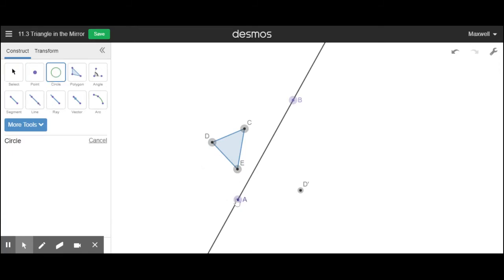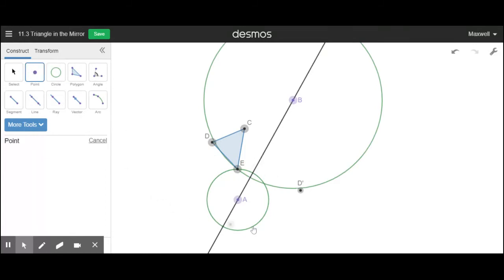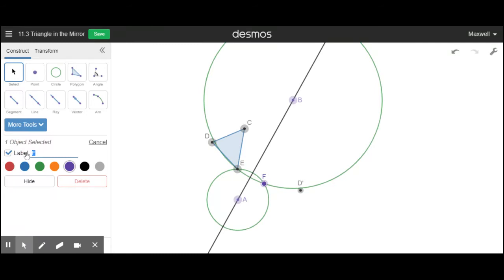So now we're going to make a circle centered at A and include point E. And then we're going to have another circle at point B, and that one is also hitting point E. Obviously it intersects at E, we got that already, and now we also have it intersecting right here. And so we can call that point E prime, now that we know that that will end up giving us a reflection point.